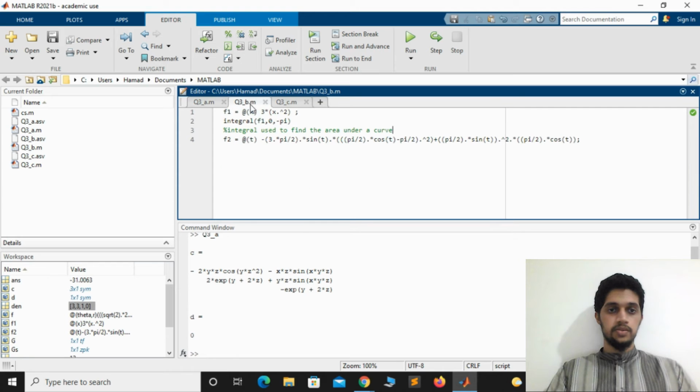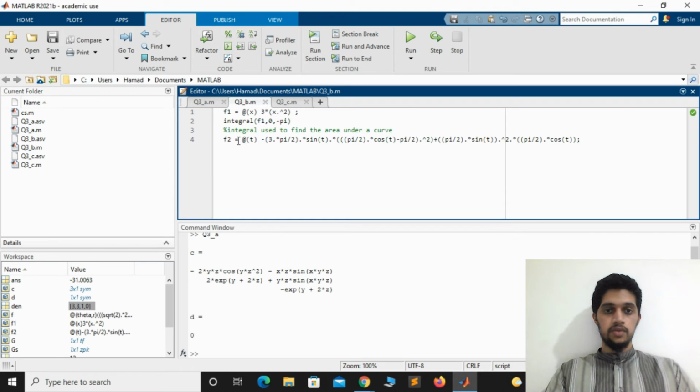Then we can continue to the next question, which is question 3b. It's asking to find the work done by the force field. Here we put it as a MATLAB code in the first line, when it moves from 0, 0 to negative pi, 0 along the curves C1 and C2. Then in the next line, we put integral, used to find the area under a curve.